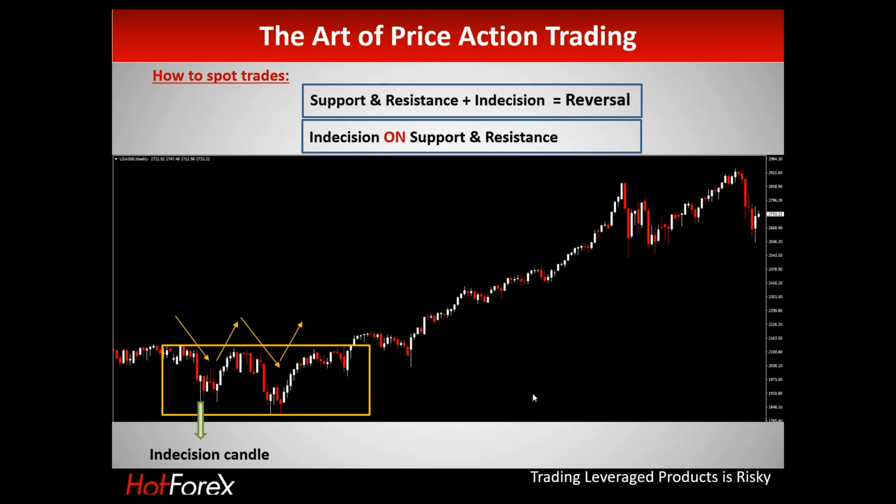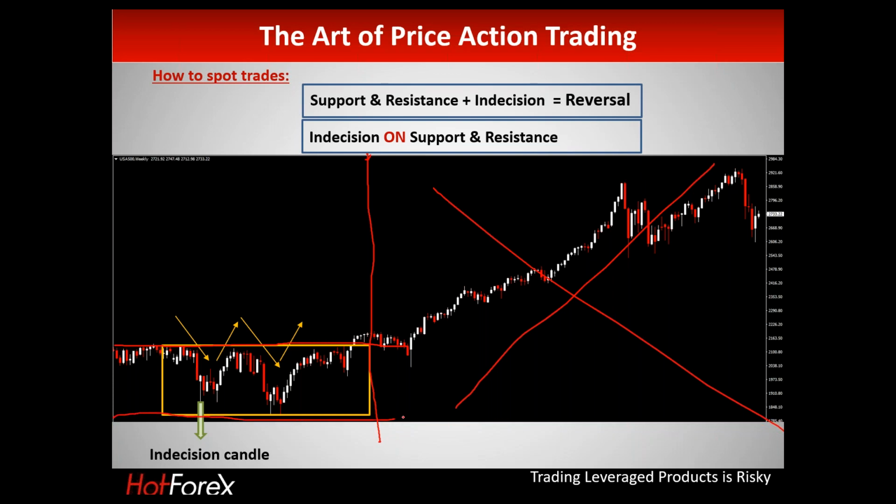Let's say you're checking your USA 500 right now, and you see that it moved within this range over the last few sessions. Immediately you can spot, by connecting the tops and connecting the bottoms, this is my resistance level and this is my support level.